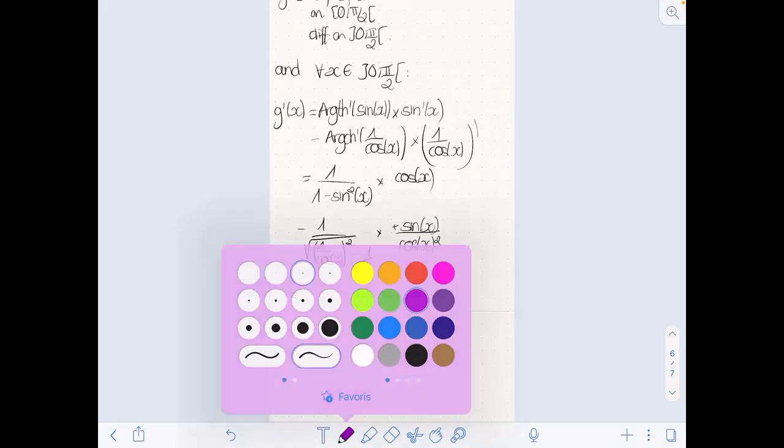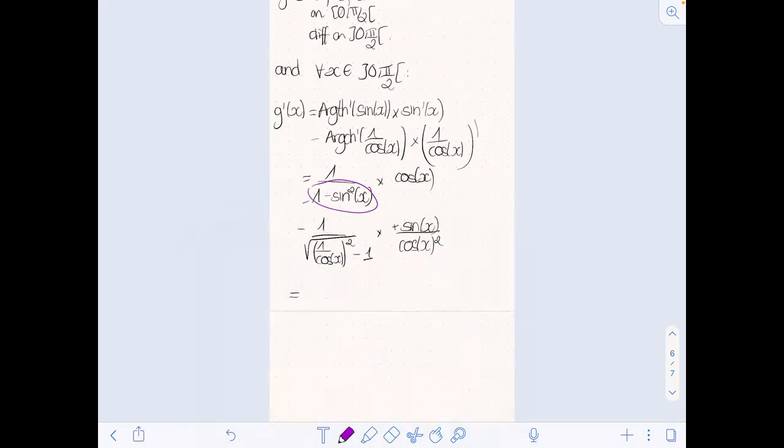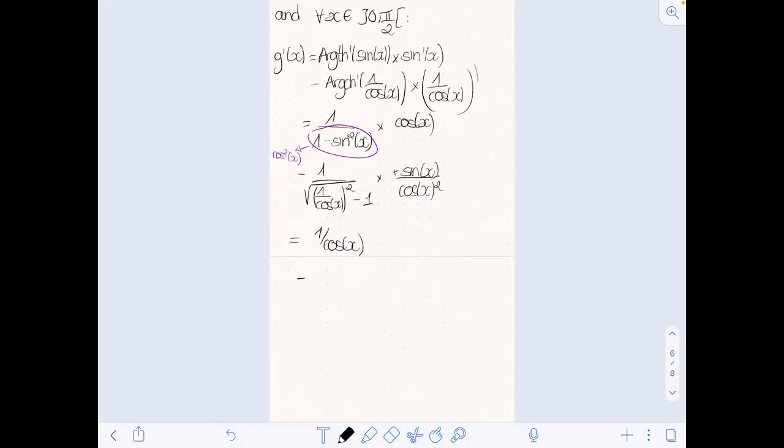Absolutely. So that gives us cosine squared of x. So the first term actually simplifies quite easily. So we get 1 over cosine of x.